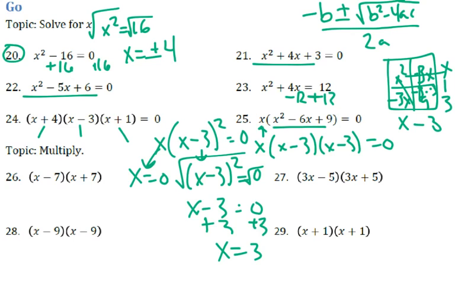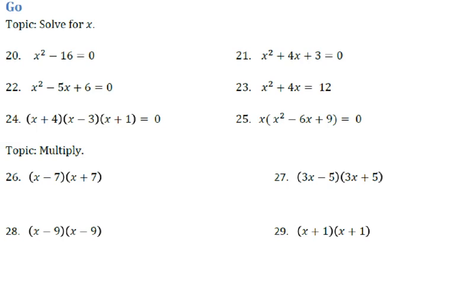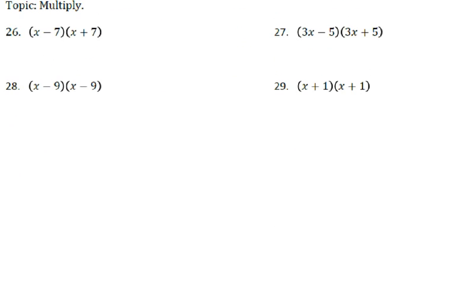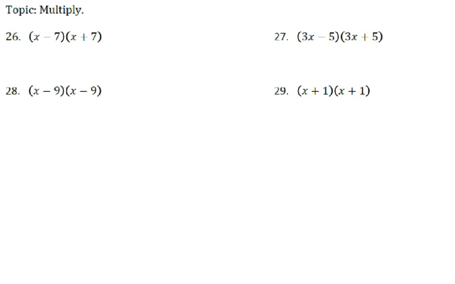Okay. Using the quadratic works as well, feel free to use that. Now, I'll do 2 of these to remind us how to multiply. Okay, when we're multiplying, let's take a look at 27. Okay, just think of it like this. Take the first term, multiply the second term.